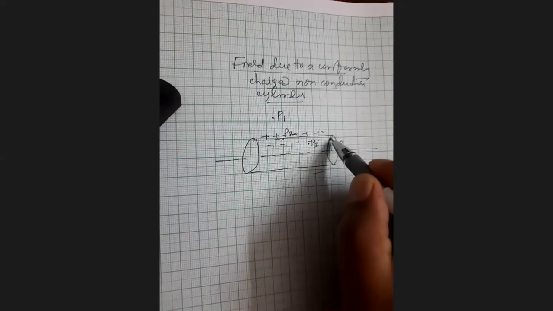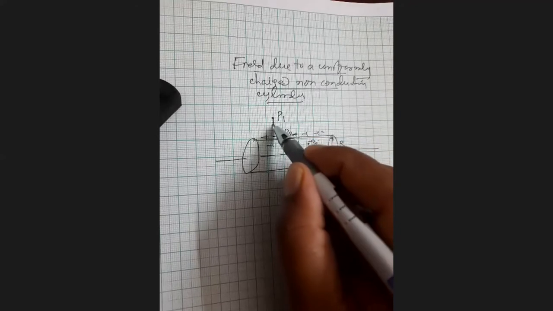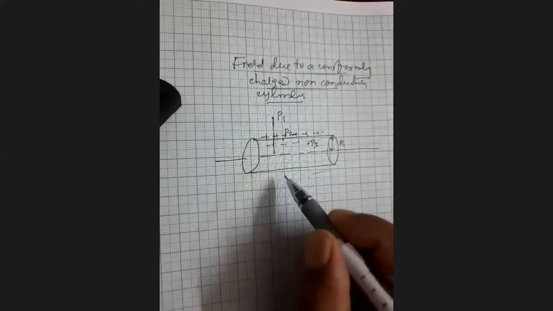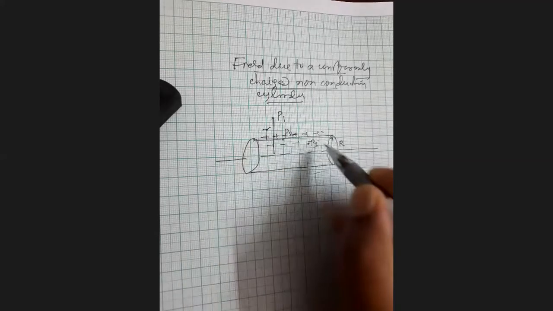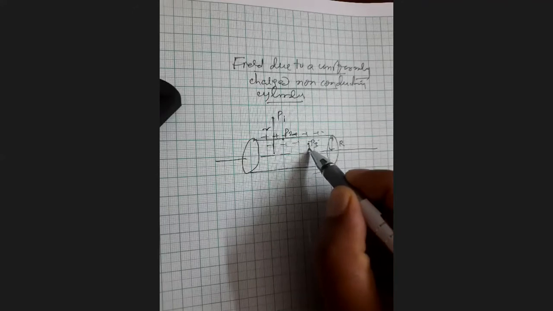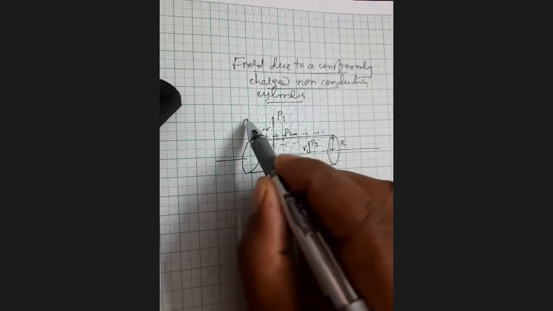Here the actual radius of the cylinder is capital R. The distance of the point P1 from the axis is r, and the distance of the point P3 from the axis of the cylinder is say r1. So first see the external point.